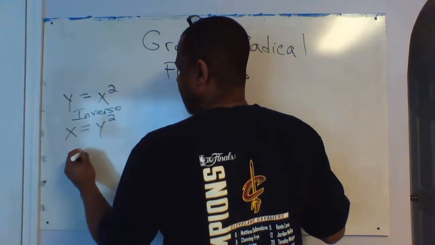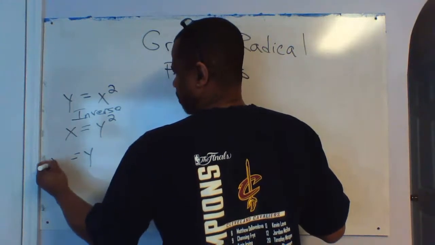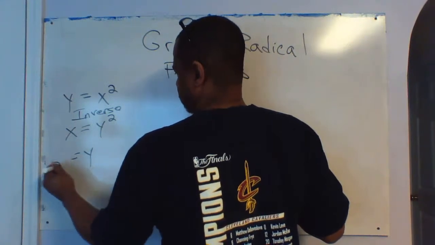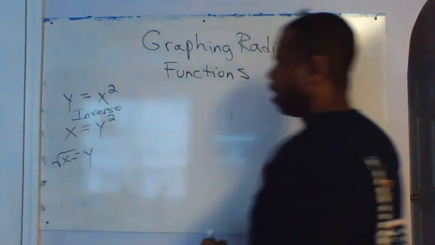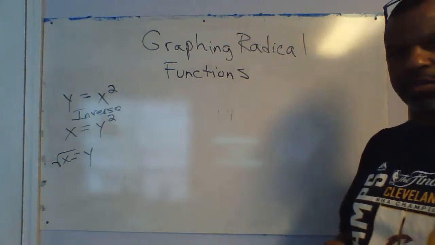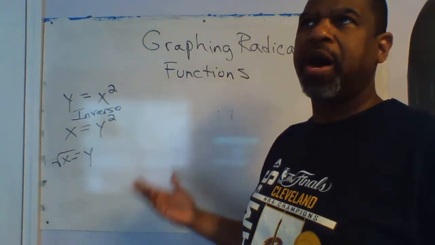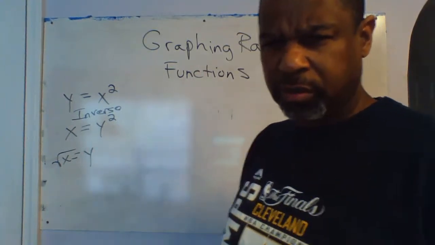And so then y is going to be equivalent to the square root of x, right? So they're inverses of each other. But remember, we can only use positive square roots.